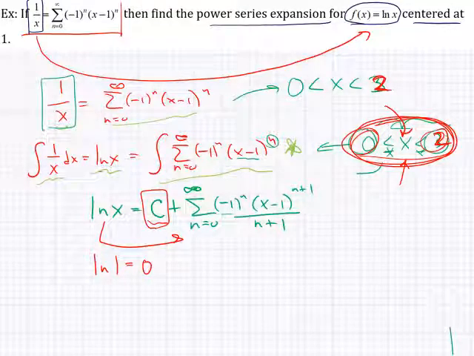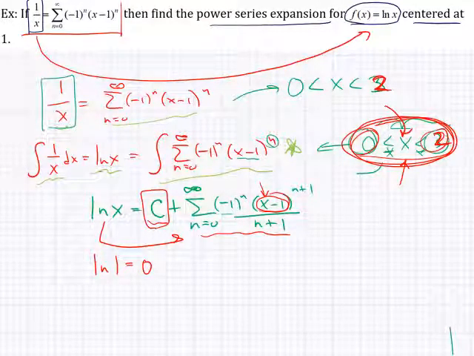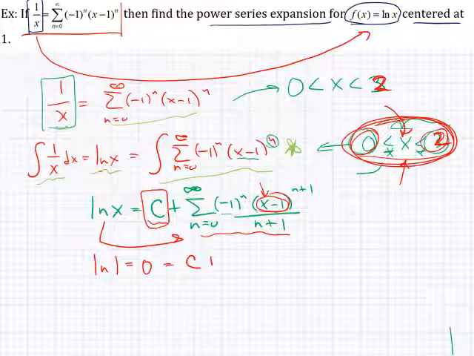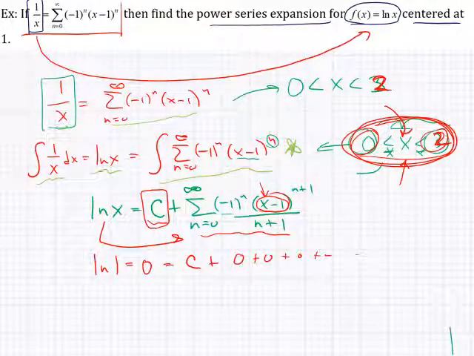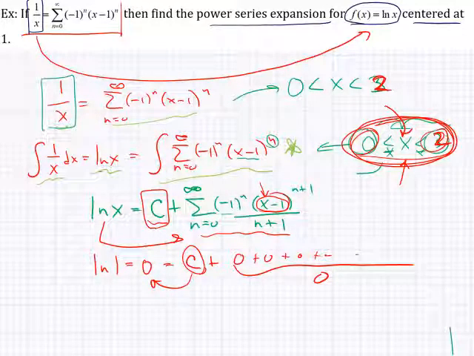If I also let x be 1 on this side, that's going to create 0 here. So every term of this series will be 0. So what I'm going to get is c plus 0 plus 0 plus 0 plus 0, etc. So I know all that's going to be 0. So then if you look at what happens, this tells us what c should equal. C should equal 0. So then I can do better than just log x equals c plus.